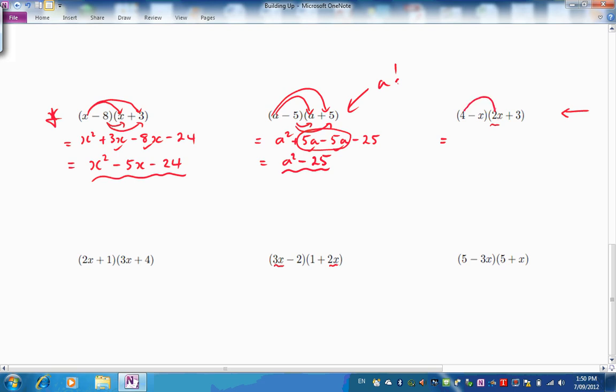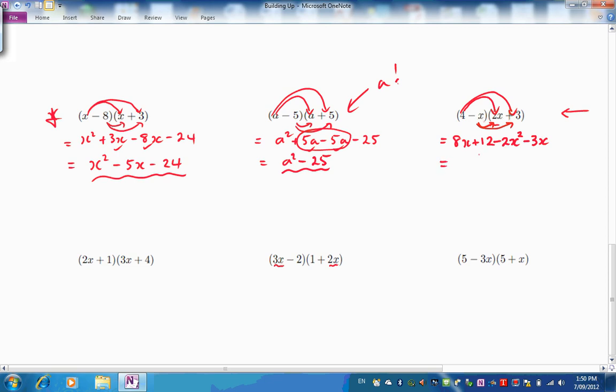So 4 by 2x is 8x, 4 by 3 positive 12, neg x by 2x. Negative times a positive is a negative, 2x by x, number times itself is a square. Then neg x by positive 3 is a negative.